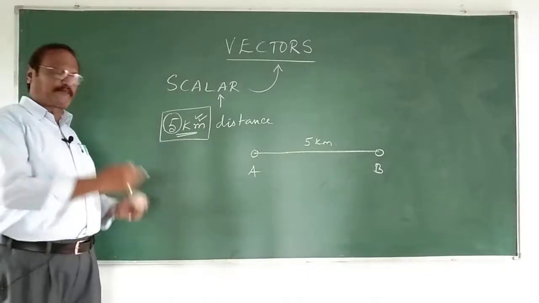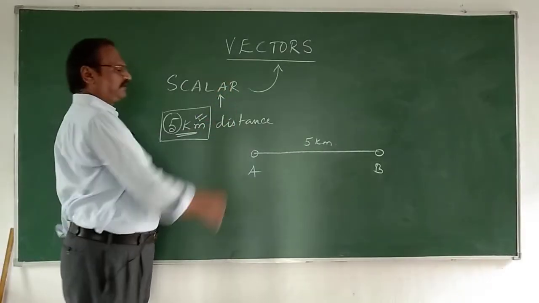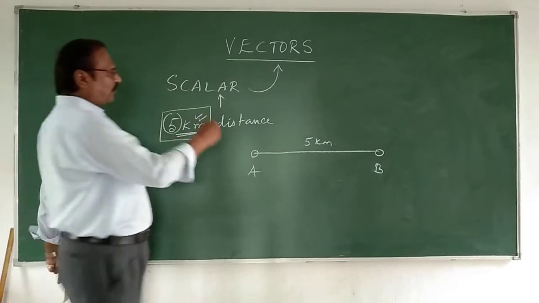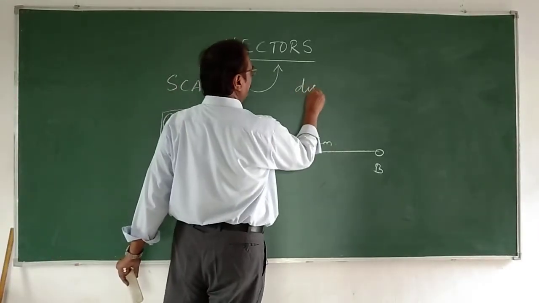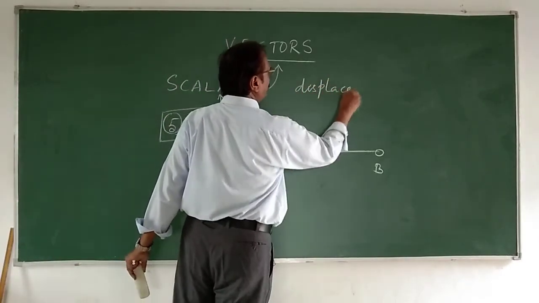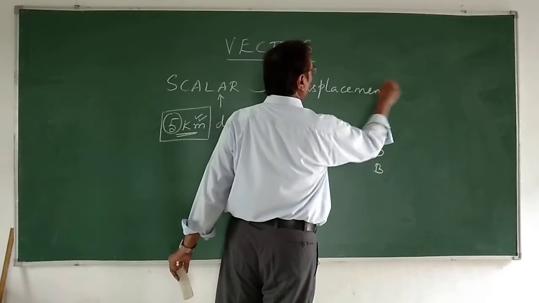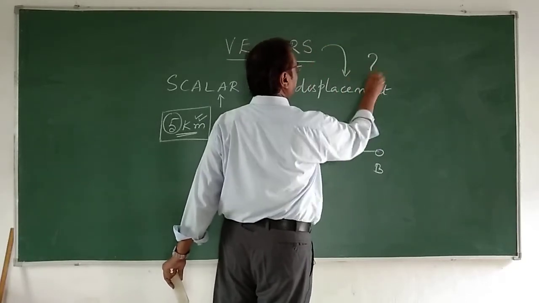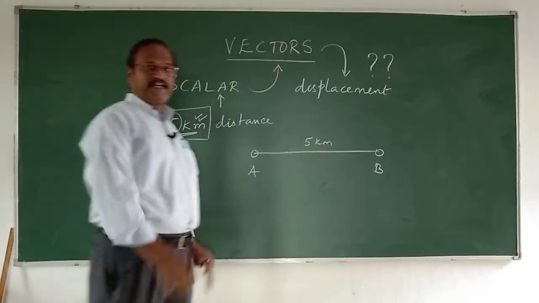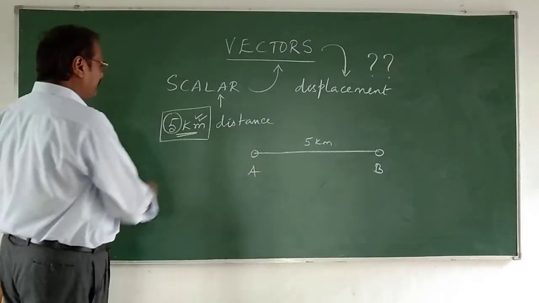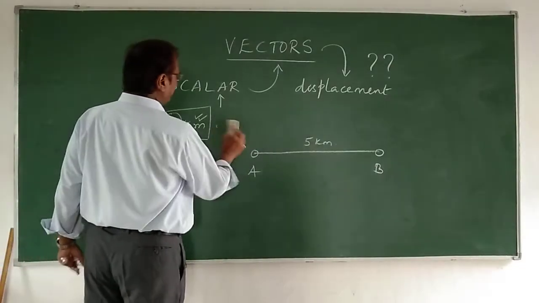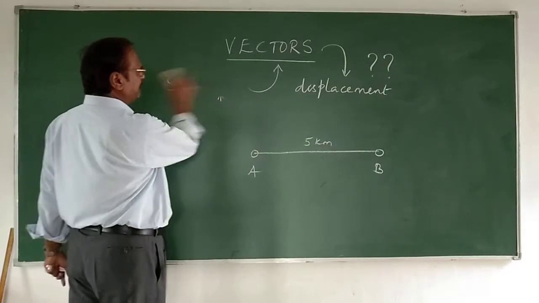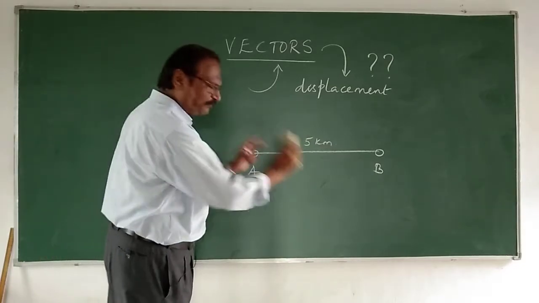Suppose I come to the next point, vector. Then what is a vector? When I talk about displacement, displacement is a vector quantity. Now, how does it become a vector quantity? Why should displacement be a vector quantity? Let us see. 5 kilometer. Again, the person is traveling 5 kilometer.